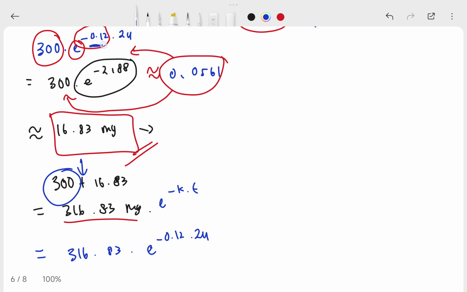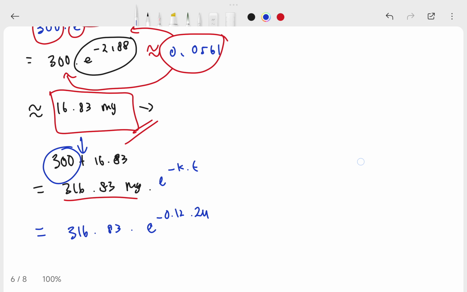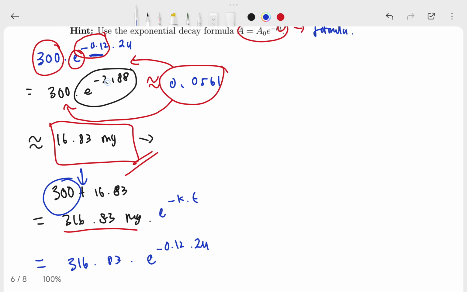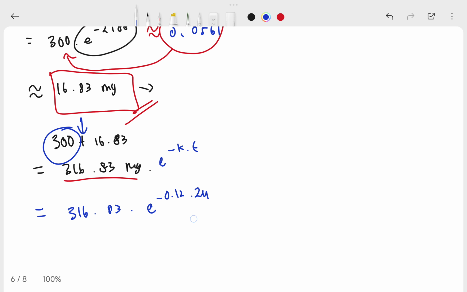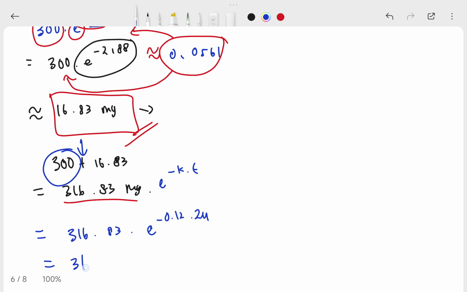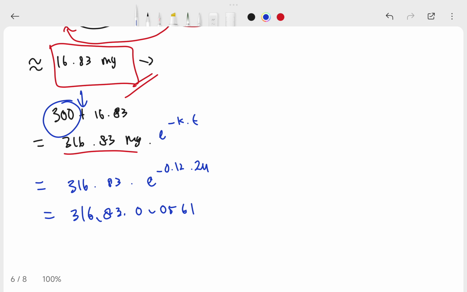Okay, so next, we know that e to the power of minus 0.12 times 24 equals minus 2.88, which is close to 0.0561. So we can change this to 316.83 times 0.0561.